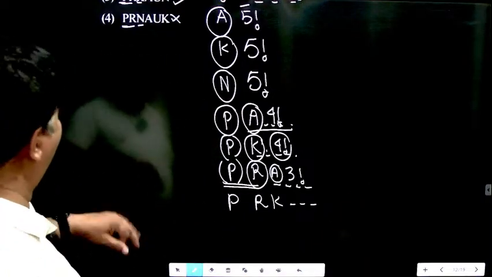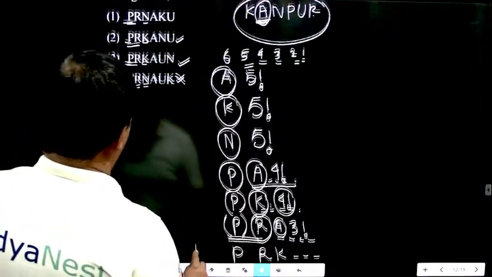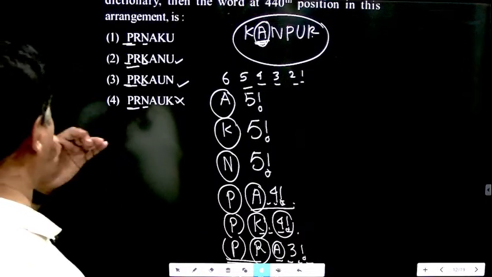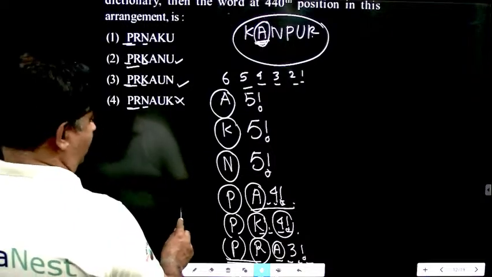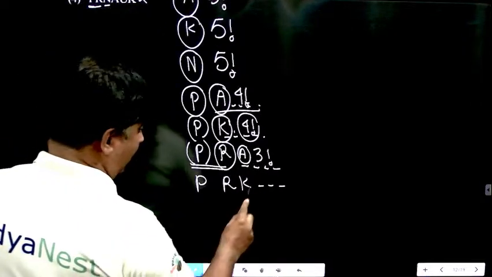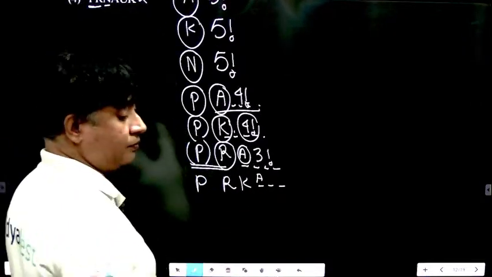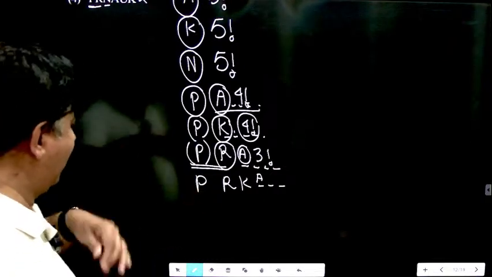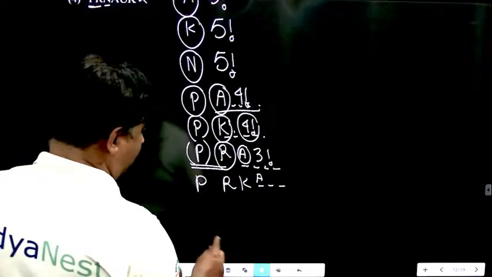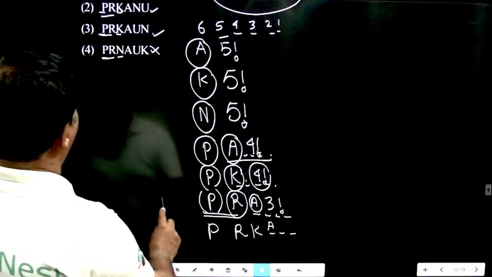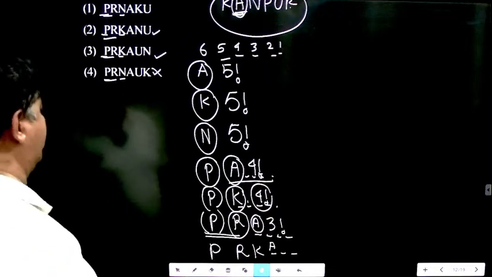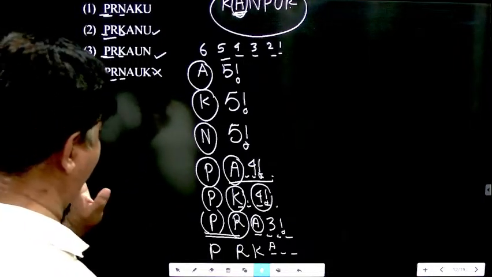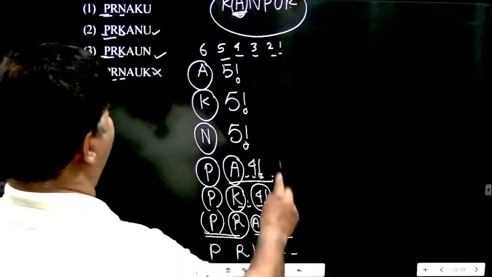Now once you get P, R, K fixed as the first 3 letters, then after K, what should you get? A. Again, order of the letters. Once you put A, then in the next two positions, what should you put? Already P, R, K are used. What are left?